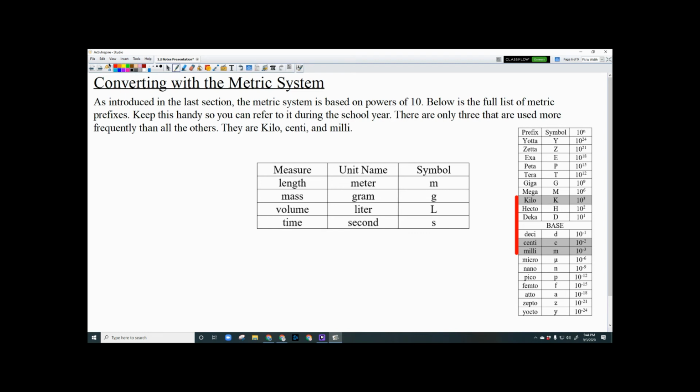Okay, so what you do is you take one of these prefixes and you add it to the base unit. For example, kilometer. That's a very common measurement in the metric system. So we see here that a kilo is 10 to the third. That's its value.